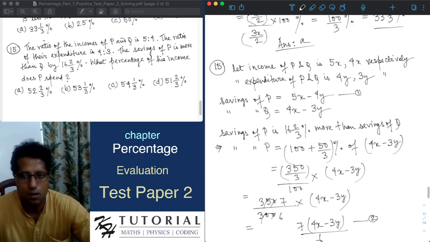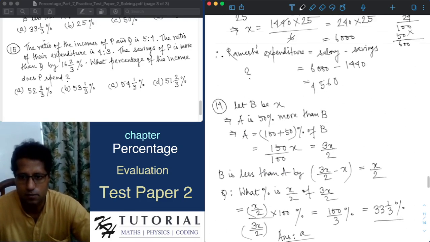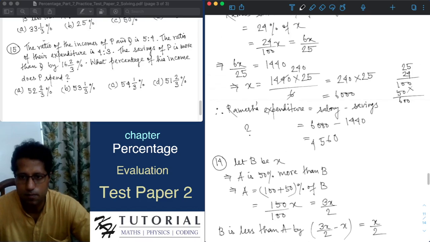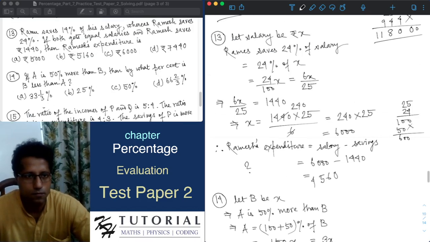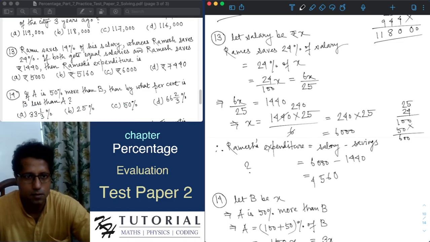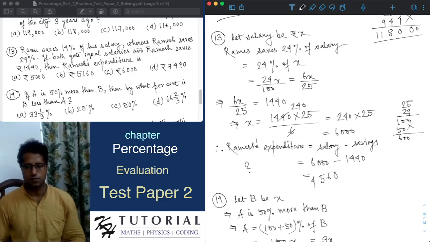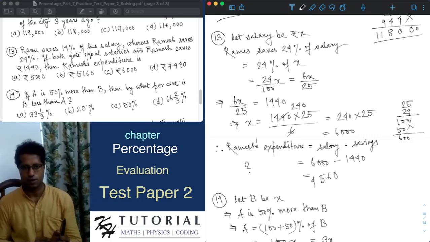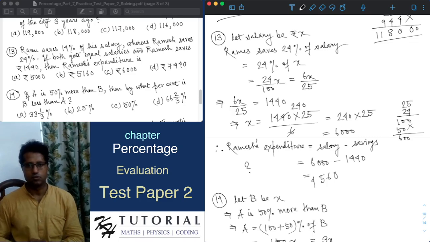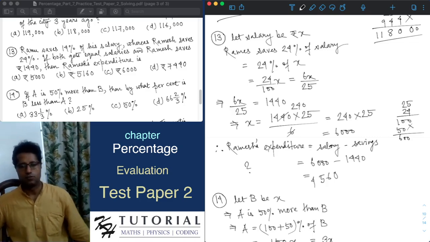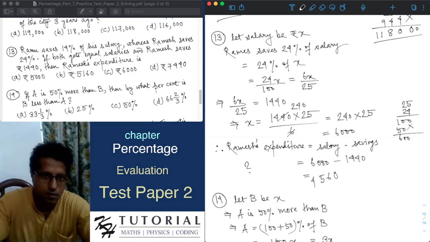Okay. Now going back to the questions that my answer did not match. Let's see once again the question number 13. It could be possible that I have copied the question incorrectly, or some figures, the percentages, or even the values of the choices given.